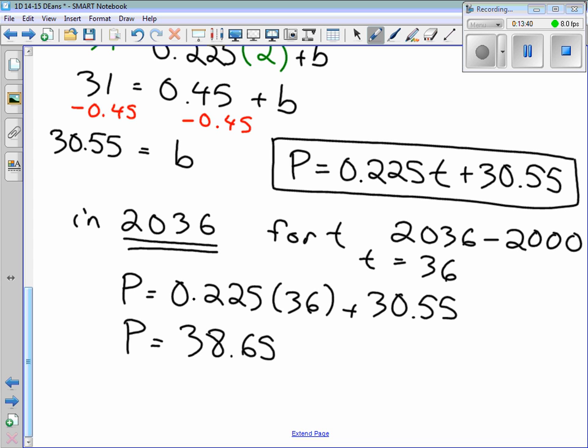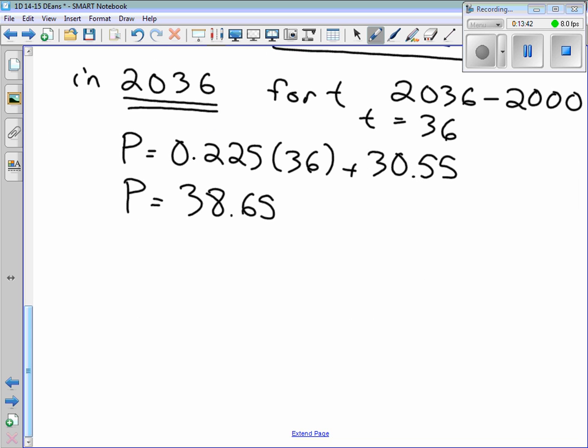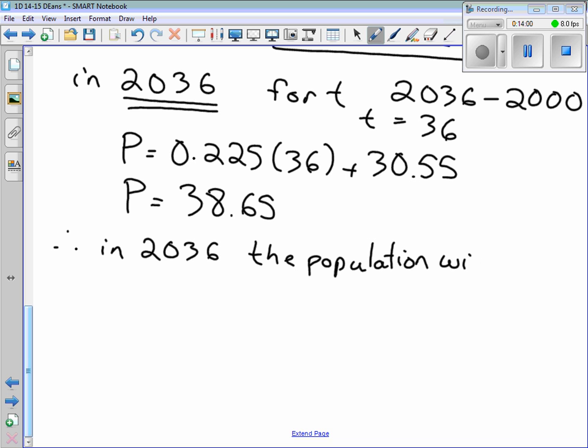Okay. So what does that number represent? We should write a little conclusion at the end that says what that number represents. In 2036, the population will be 38.65.